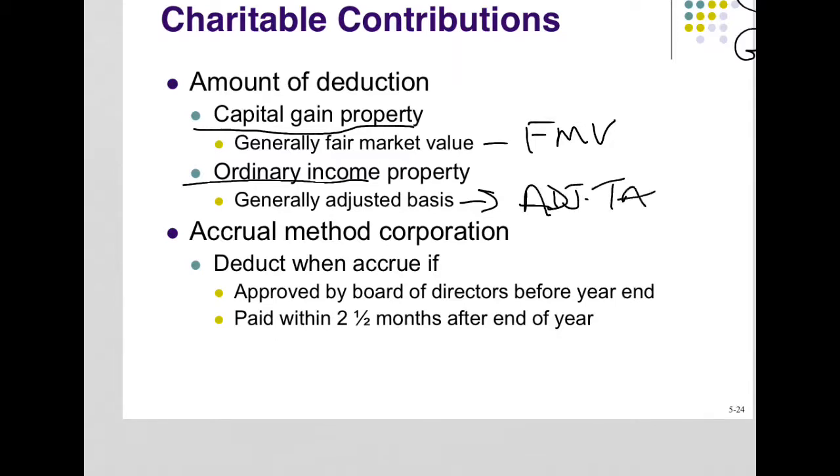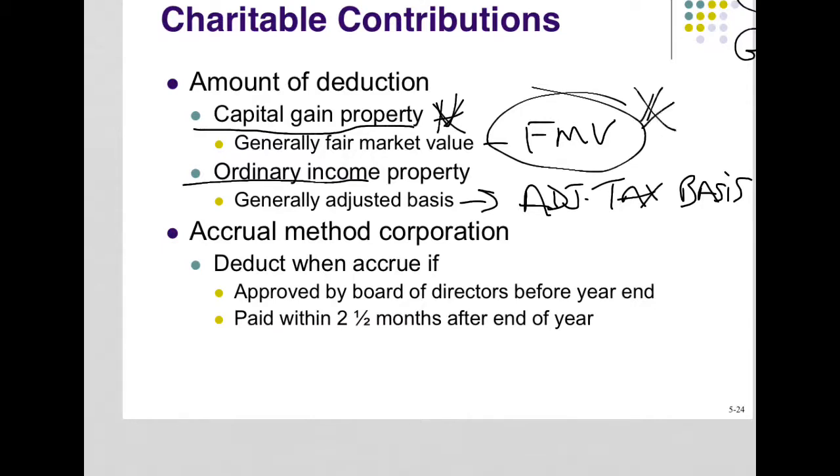So there's no incentive really to give that away, whereas here, up in the capital gain property, this is a good idea, because if you get the deduction of the gift at fair market value and you don't have to recognize the gain, just like an individual doesn't have to recognize the gain when they give away capital gain property, this is somewhat of a win-win situation. So that's a good deal to do. But if you give away inventory, you can't take a deduction for more than your cost. That's what this is saying.